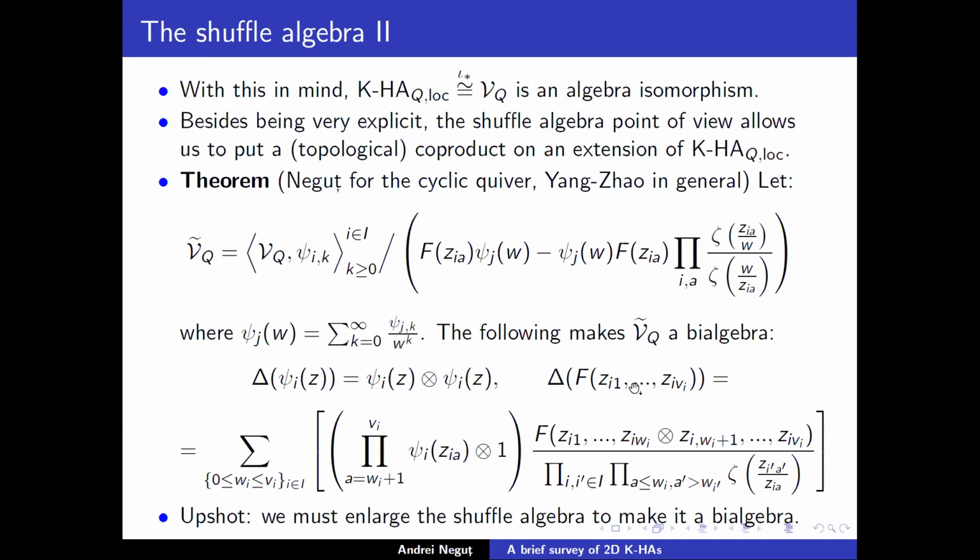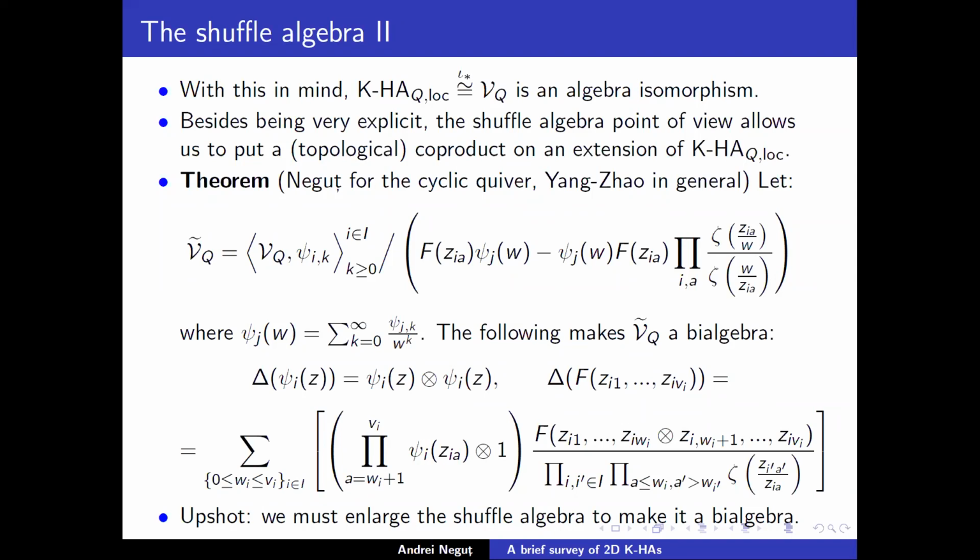You want to get a tensor of rational functions in fewer variables. The way you do that is you split up the variable set. You split up the set of v variables into w variables and v minus w variables. And you break up the function f by putting a tensor product sign in between, and all the first w variables on the left and the last v minus w variables on the right of the tensor product sign.